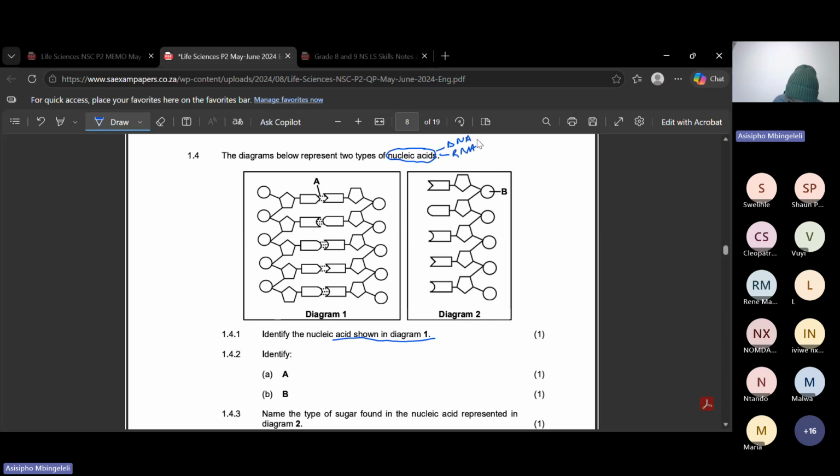So between DNA and RNA, the nucleic acid shown will be DNA. You are allowed to write DNA, or if you want to be fancy, you can write the full word deoxyribonucleic acid. But with exam stress and exam anxiety, you might end up messing up that spelling. So if you try to write the full name, but your spelling becomes incorrect, we are going to penalize you.